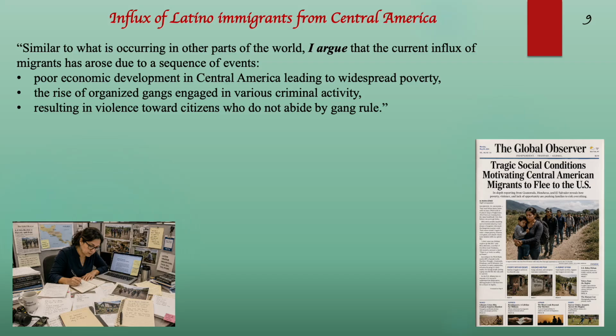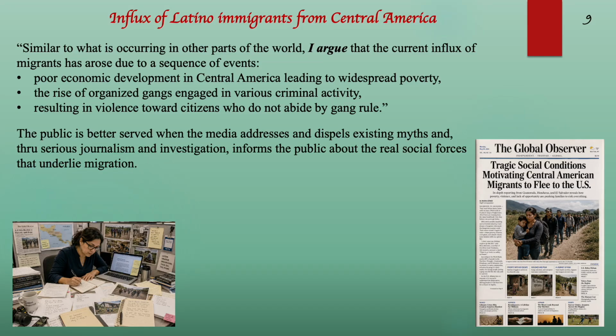The researcher followed by stating, quote, the public is better served when the media addresses and dispels existing myths and through serious journalism and investigation informs the public about the real social forces that underlie migration, end quote. She also states that the media must also report on how the U.S.'s historical foreign policy in the region has played a role in the eventual influx of migrants and of immigrants, end quote.